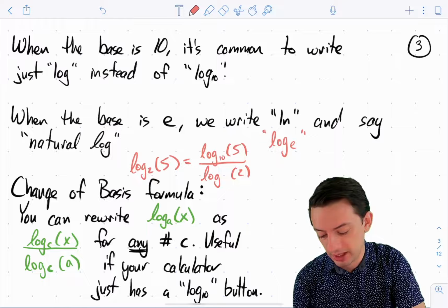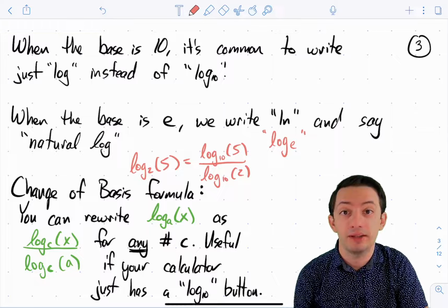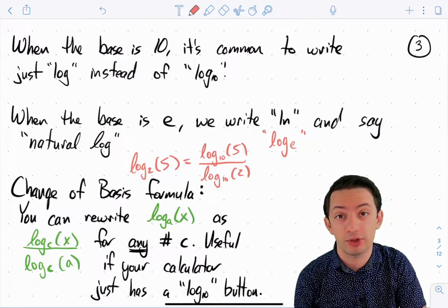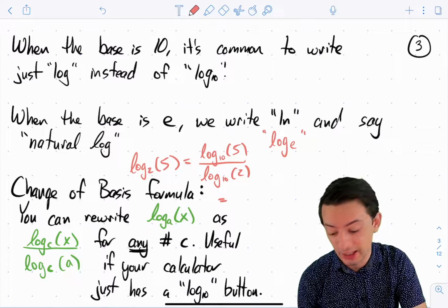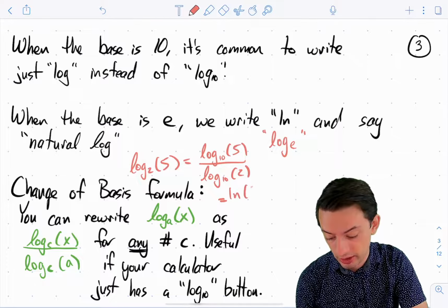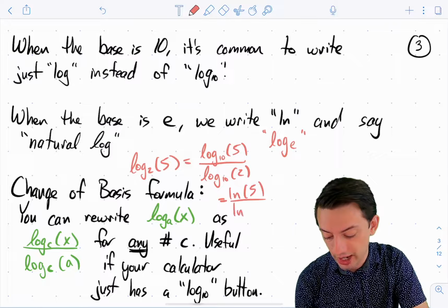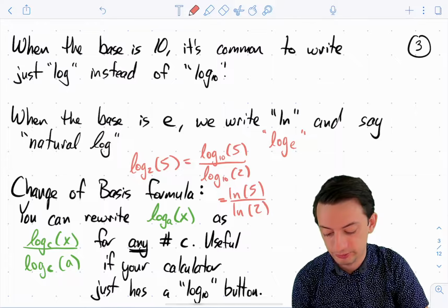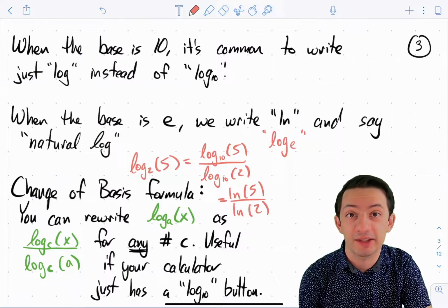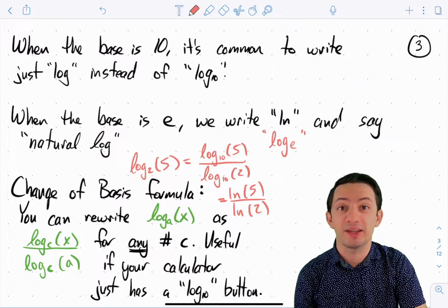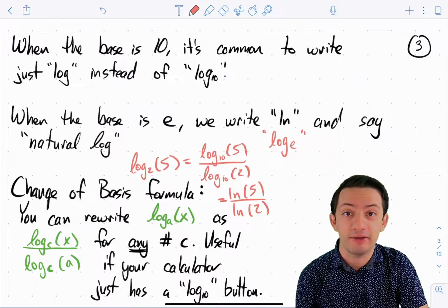So it could be log base 10 in the top and bottom, and that's convenient because the calculator that we'll use on the screen in a minute has a log base 10. Or I could have made it a log base e, in which case it'd be a natural log of 5 over a natural log of 2. Or if you have that very strange calculator that only has a log base 7 button, it could be the log base 7 of 5 over the log base 7 of 2.